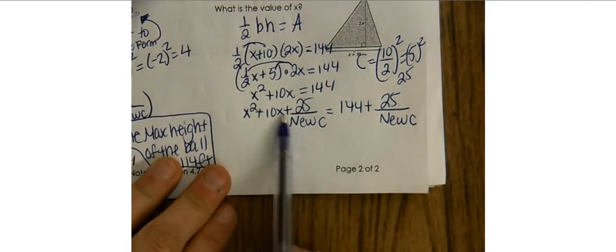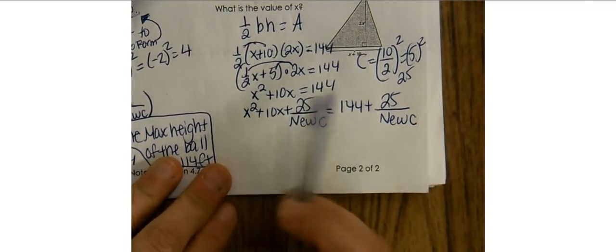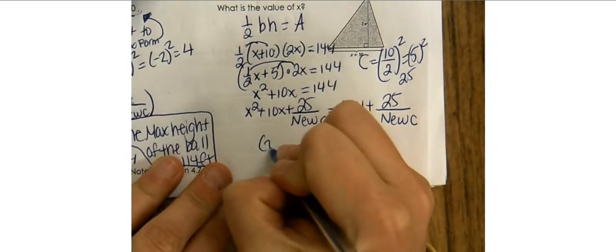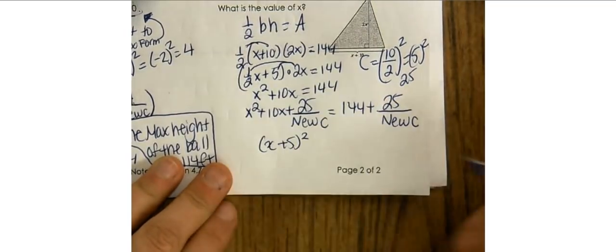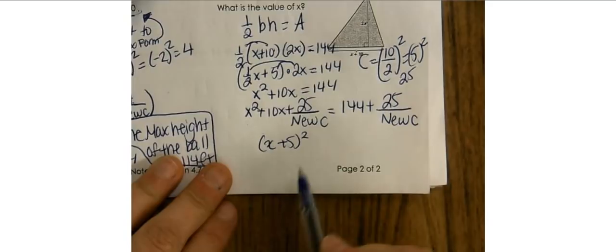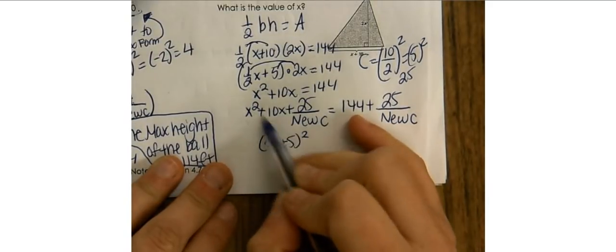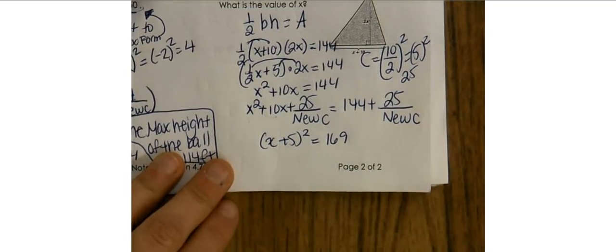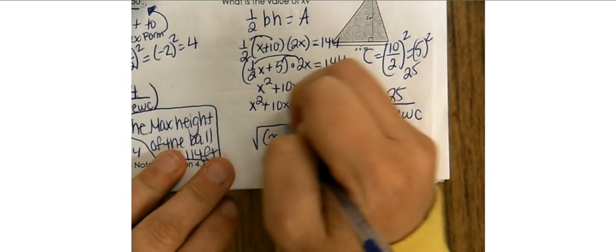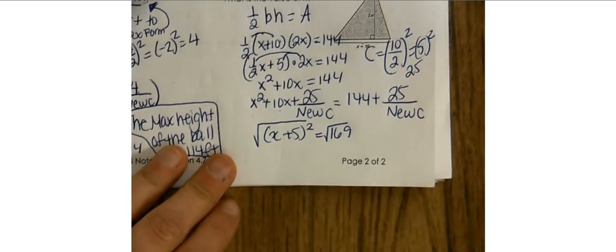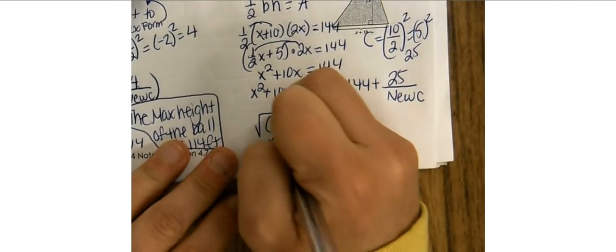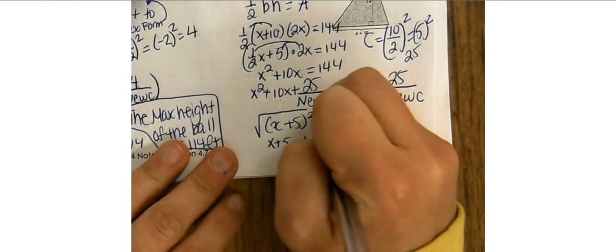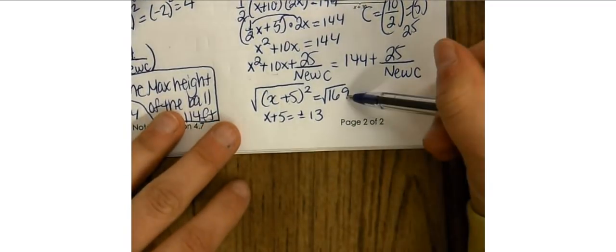I now have a perfect square trinomial on this side of the equation, and that's going to be x plus 5 squared. So that's x plus half of 10, which is 5. And that is equal to 144 plus 25, which is 169. From here, I'm going to solve this equation by taking the square root of both sides and eliminating the square, and I end up with x plus 5 is equal to plus or minus 13, because the square root of 169 is 13.